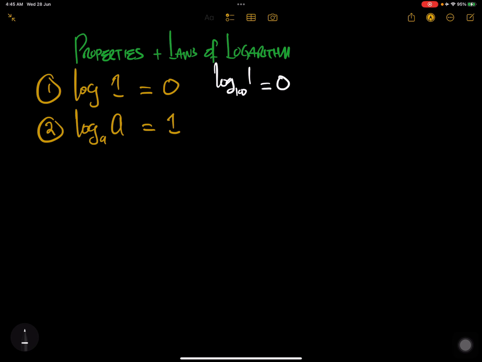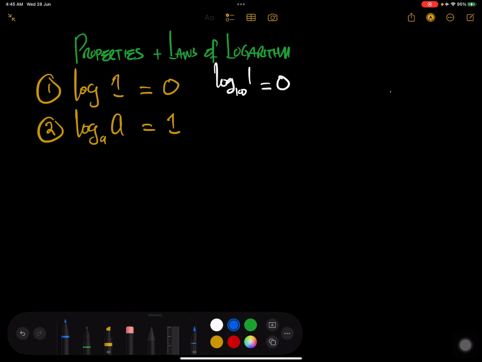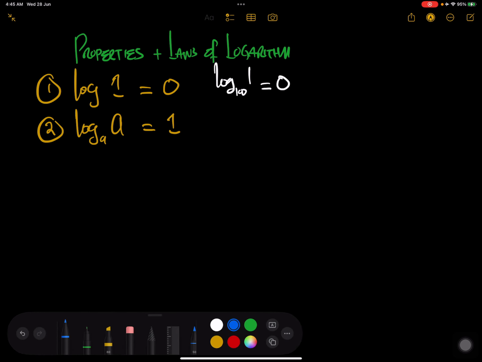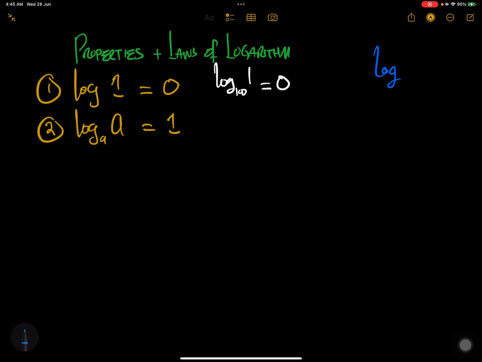Now, remember, we said how do we evaluate? Let me use a different ink, maybe blue. We said that when you have a log b to the a, to evaluate it, log b to a is equal to x.